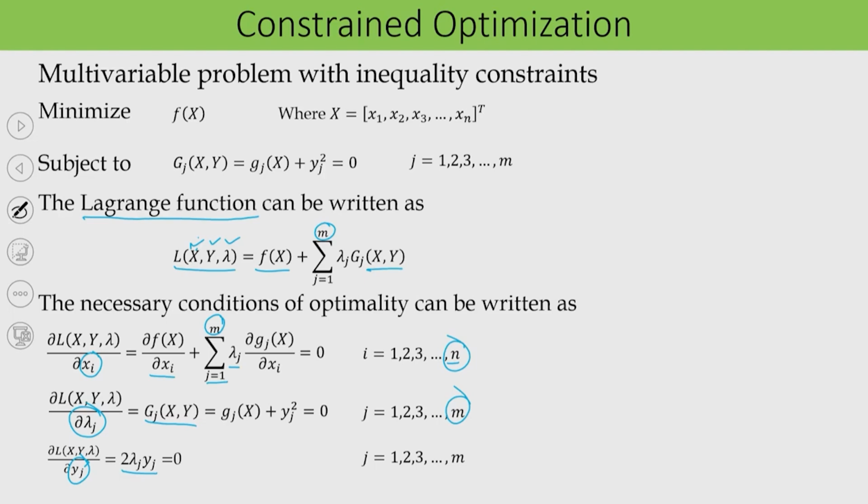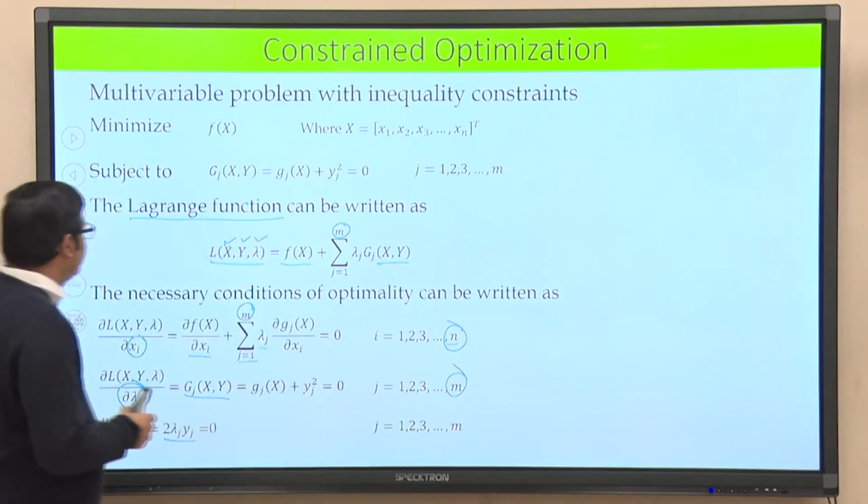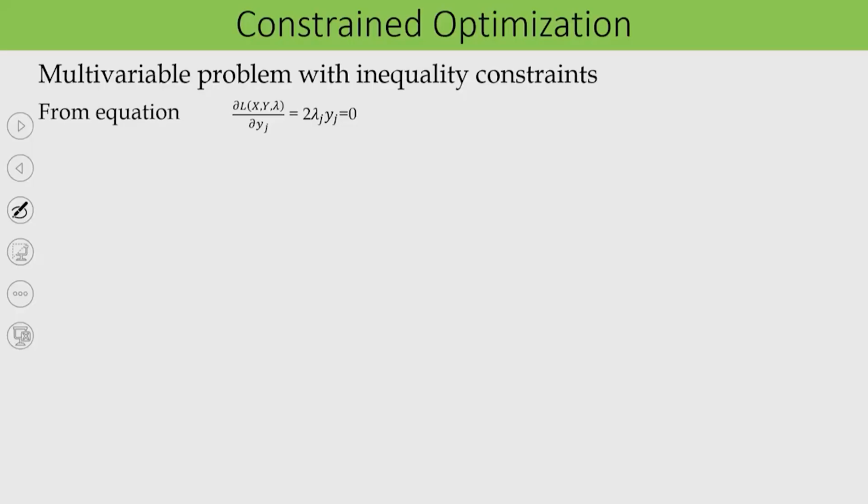Okay. We have already discussed that in the last class, and I think you are quite comfortable with these equations now. Now, let us take the last equation. What is this equation? The derivative with respect to y_j, which is twice lambda_j y_j equal to 0.